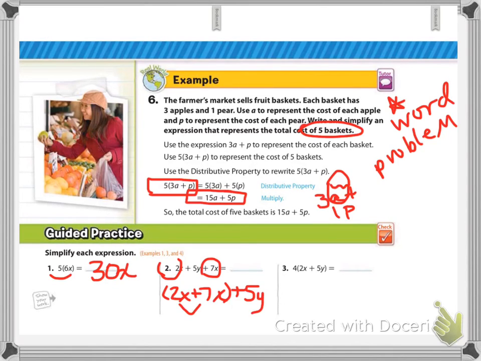So now we have our like terms together, and 9x plus 5y is my final answer. And here, of course, we would need to distribute correctly to get 4 times 2x is 8x, plus 4 times 5y is 20y. When you've copied this, move on.